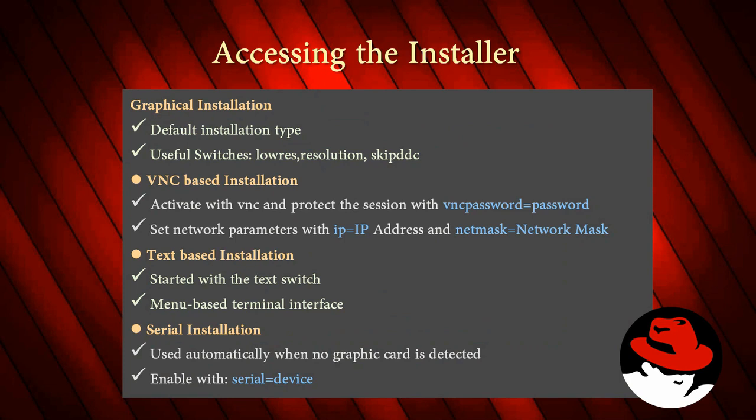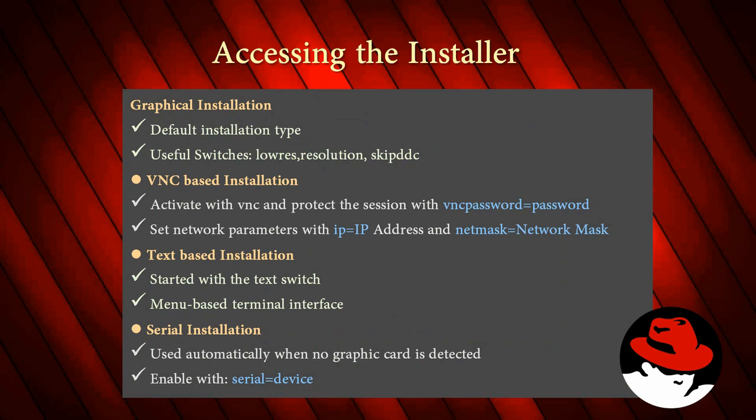The VNC based installation is activated with vnc and the session is protected with a VNC password; provide a password in the vncpassword variable. Similarly, you can set network parameters with the IP address and the netmask, the network mask or subnet mask.